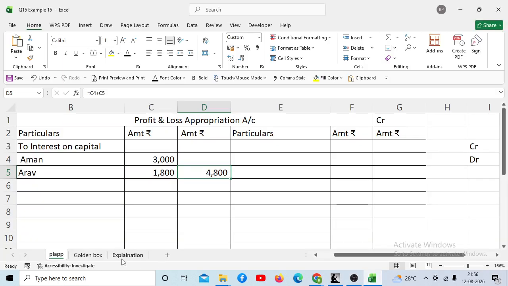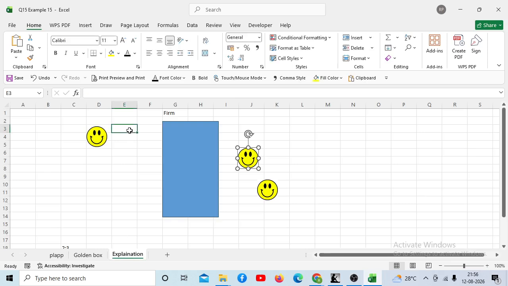If the firm is paying salary to Arav, for the firm, is it income or expense? Expense. So can I say expense is increasing? Yes. What is the golden box telling? If expense is increasing, it will be written in the debit side.